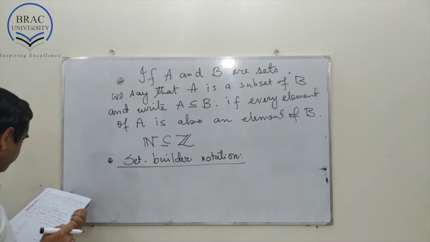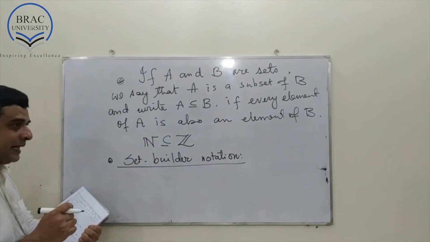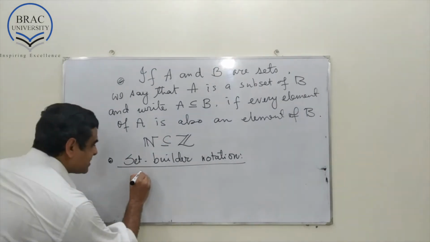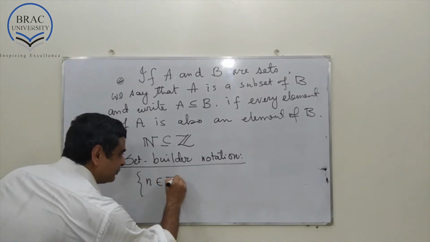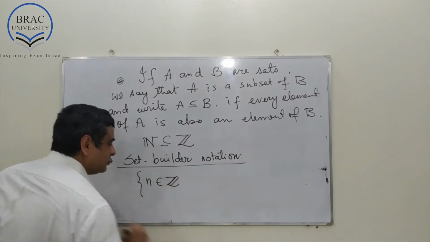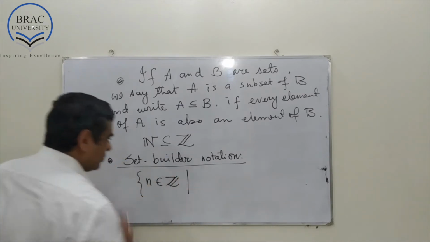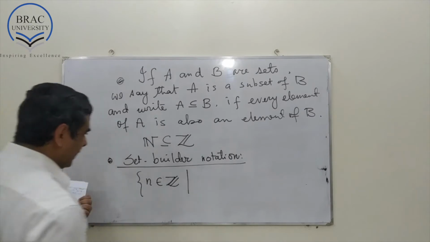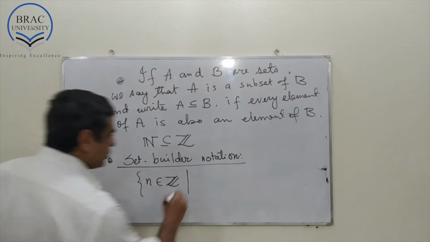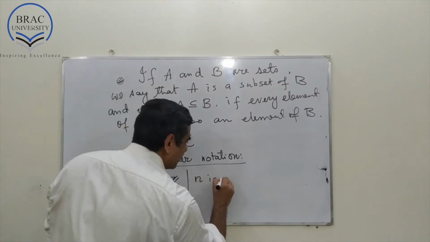How can we denote it? The set of even integers can be written as this. This means n belonging to the set of integers such that n is even.